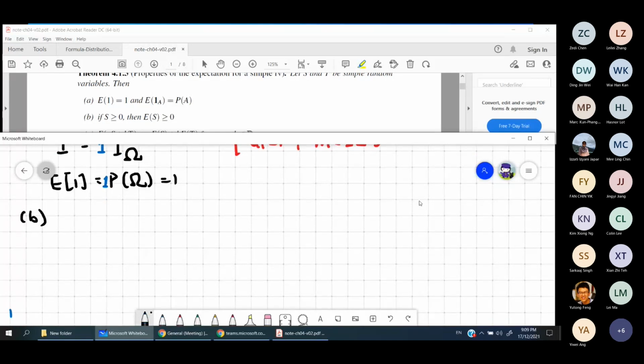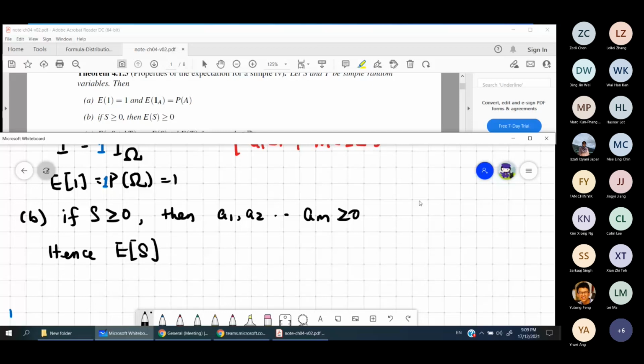So B is clear. If S is greater than 0, then you can see A1, A2 up to AN must also be greater or equal to 0, by the definitions. So hence you can see E of S is equal to the summation of A1 P(A1) plus A2 P(A2) until AM P(AM).